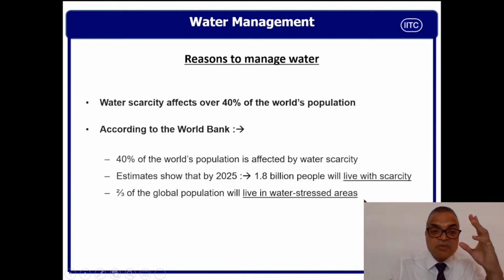That means if you have 100 people worldwide, almost 75 people will live their life in water stressed areas. So slowly you will understand the gravity and importance of water management.